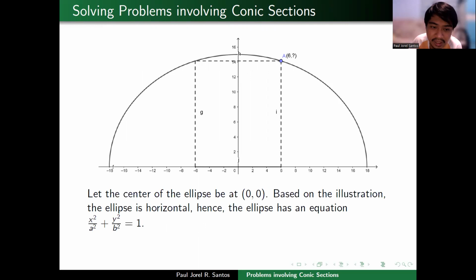And based on the illustration, the ellipse is horizontal. Because it is horizontal, it has the equation x squared over a squared plus y squared over b squared is equal to 1.